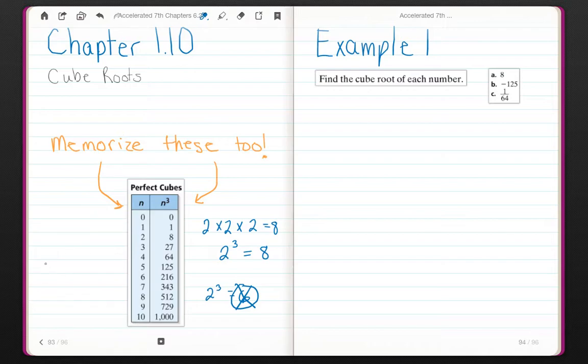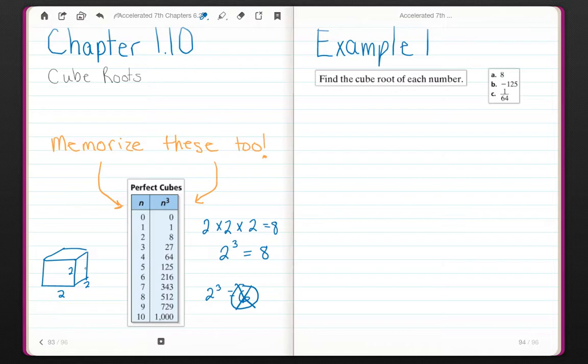Think of a cube as the shape. If you have a shape of a cube, all of the sides are the same length. So 2 wide times 2 long times 2 units high would get you a total of 8 units. 2 times 2 times 2.